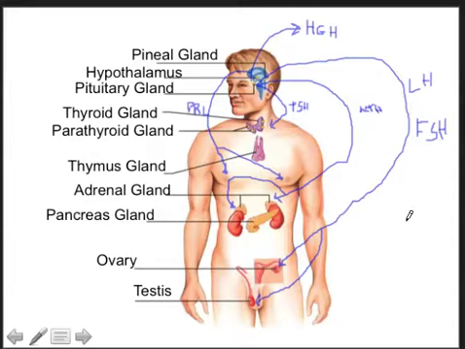Controlled by the hypothalamus, since the hypothalamus is part of the brain, you can see that if we have a problem with the functioning of the brain, we can have a problem with the functioning of the hypothalamus. That can affect the activity of the pituitary, and that can have wide-ranging effects on the functioning of the endocrine system.